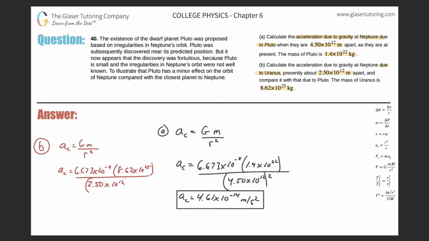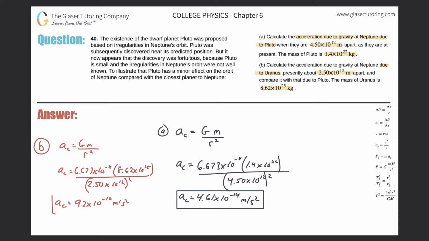Don't forget to square it. And then the centripetal acceleration simply is 6.673 times 10 to the minus 11 multiplied by 8.62 times 10 to the 25th, and divide that now by 2.5 times 10 to the 12th squared.